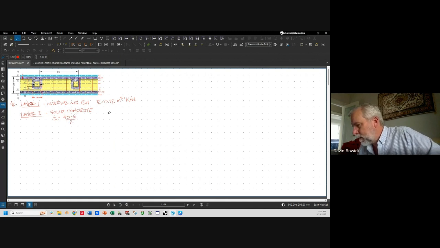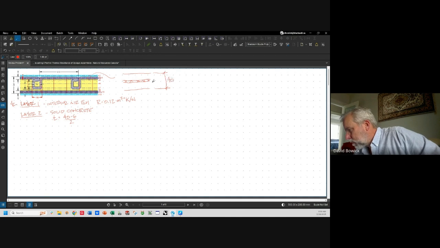If we zoom in here, we would see that our bar thickness, this is our bar. We know that this is 40. This is 6, which makes this 17, and this 17. 17 millimeters. Our R.